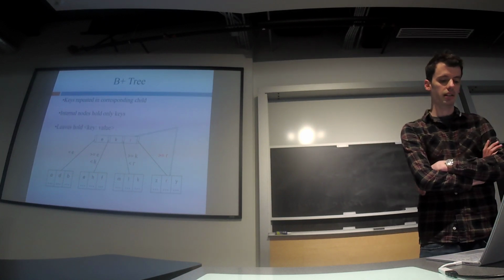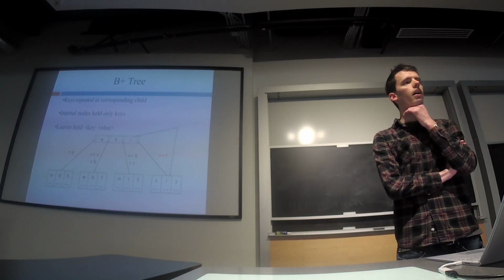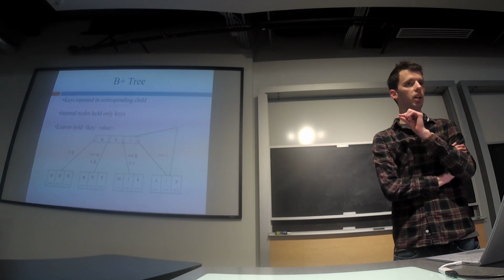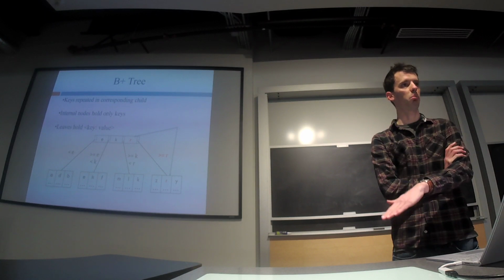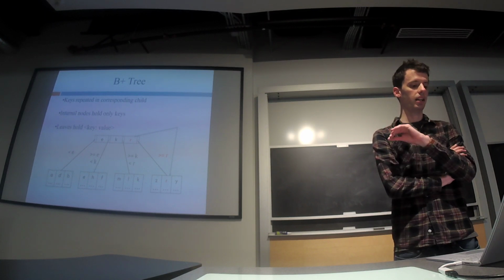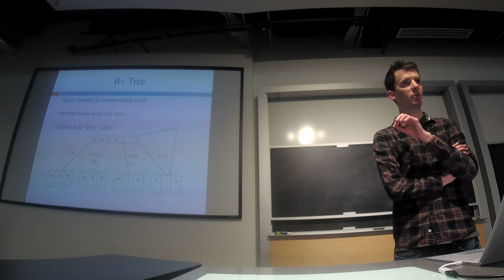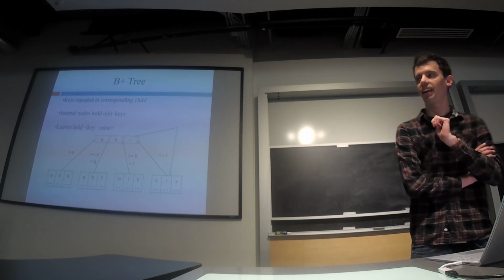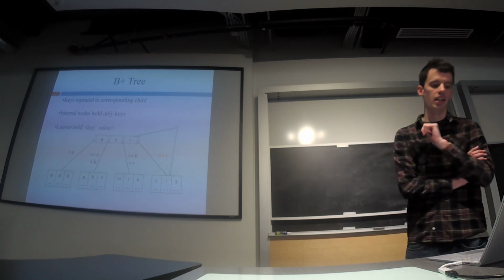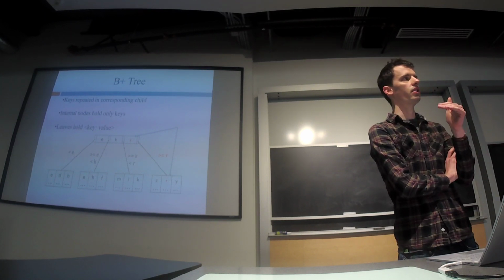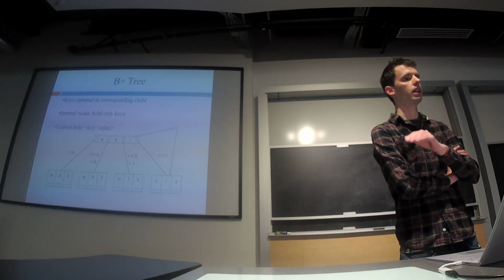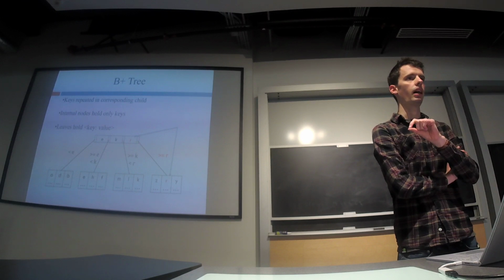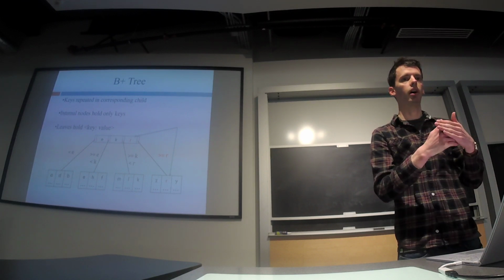So something to notice here is every key in an internal node is going to be duplicated somewhere down below. This is basically the difference between a B+ tree and a B tree. So there you go, that's the difference, essentially. The reason for this is the internal nodes have a different structure than leaf nodes. So internal nodes only hold keys and pointers. And then the leaf nodes hold all of the information.